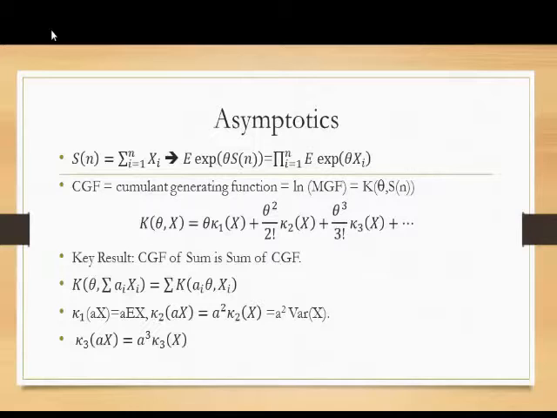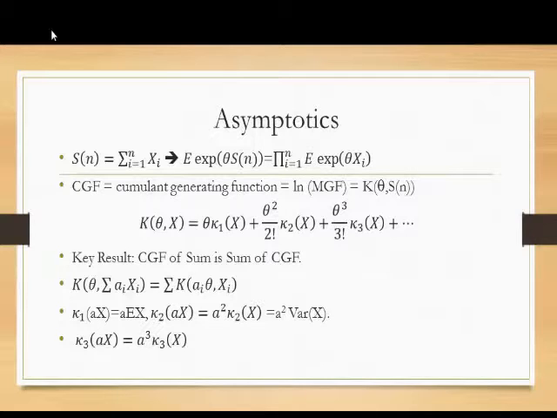Now this one doesn't have a constant term, because at theta equals 0, the MGF is always 1. Because e to the theta X at theta equals 0 is just 1. The expected value of 1 is 1. So when you take the log of 1, that's going to be 0. So there is no constant term in the expansion of the cumulant generating function.